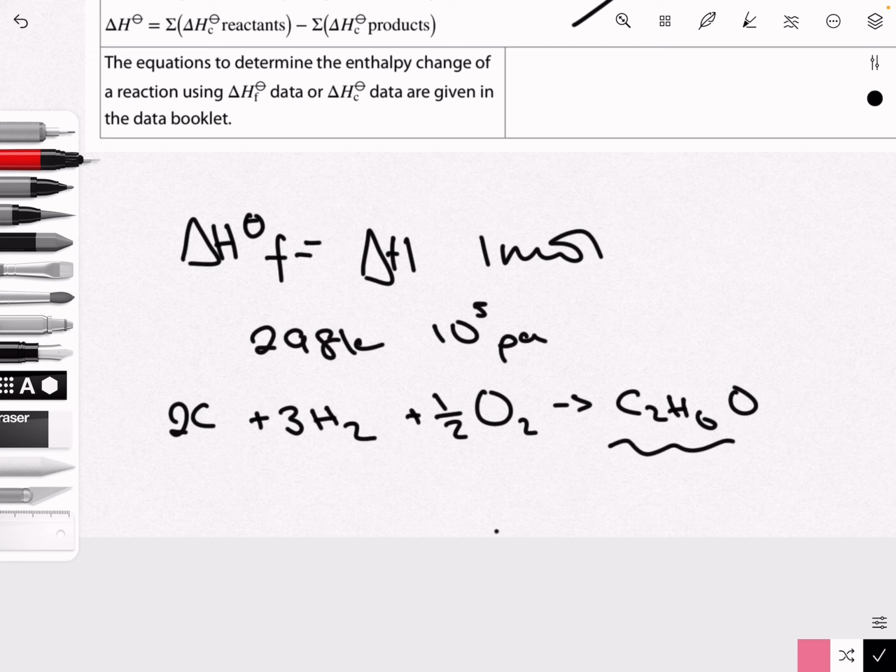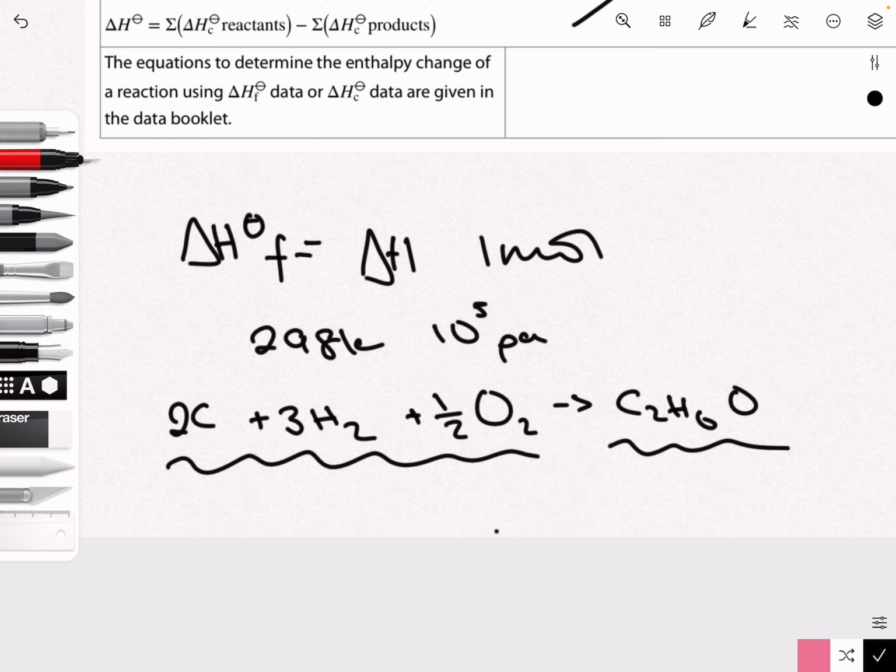And as we see, we have 1 mole of our product. So the standard enthalpy of formation here would simply be that of all of these reactants summed.